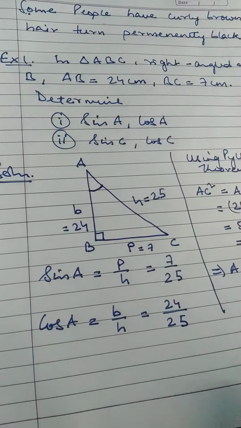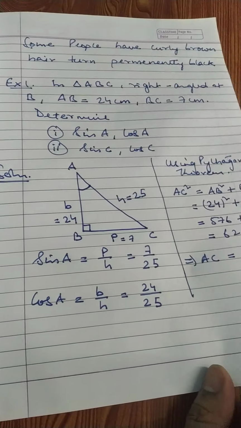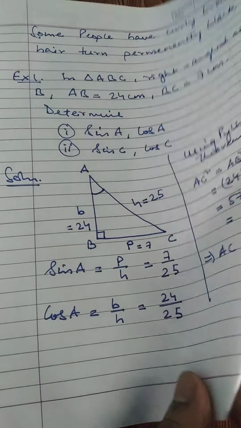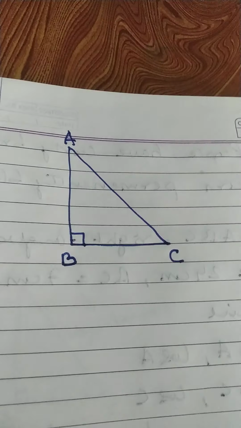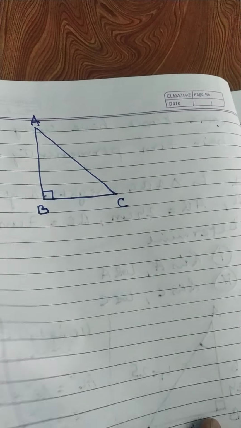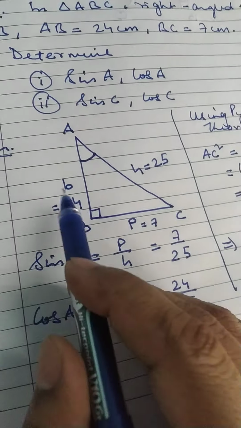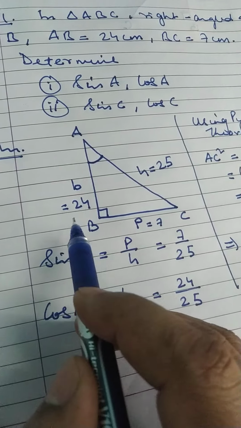So let's see how we can calculate sine C and cos C. Here we are drawing the same triangle that we have drawn before. Here we have already found the length of the sides.